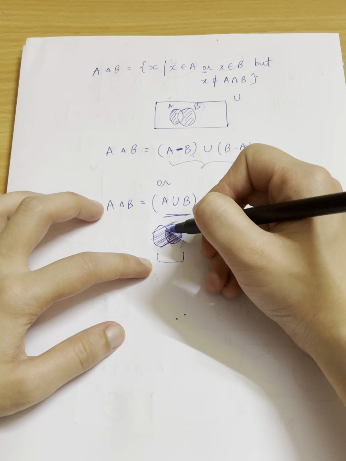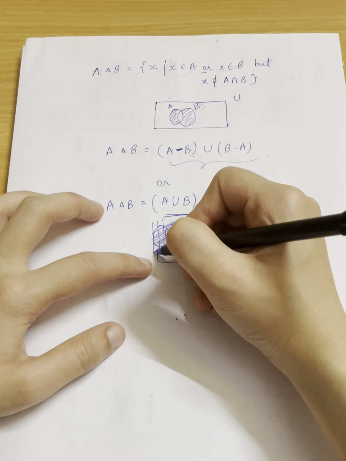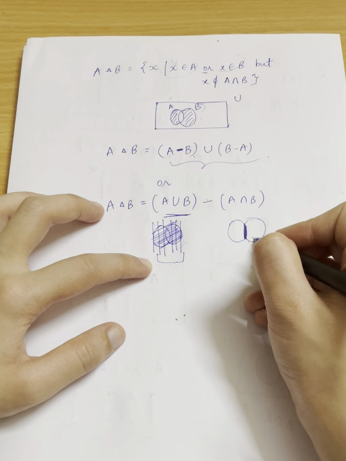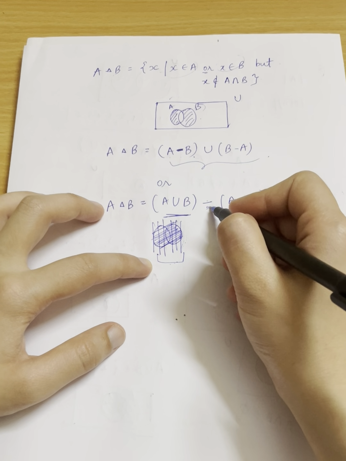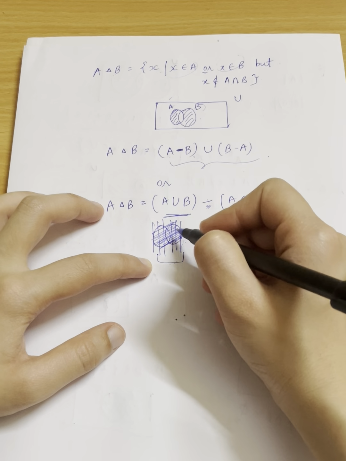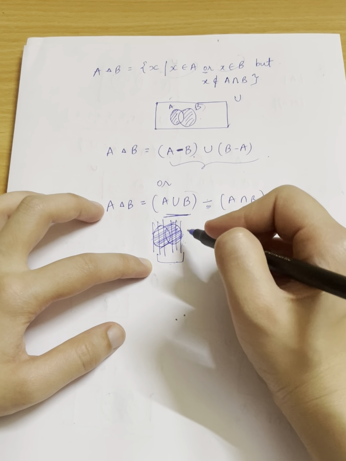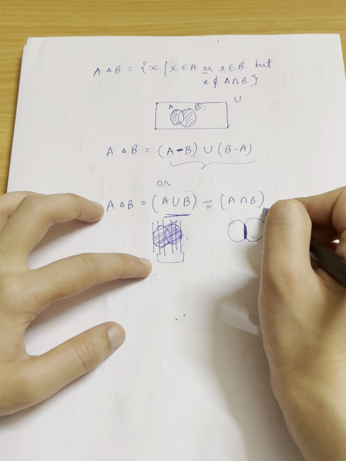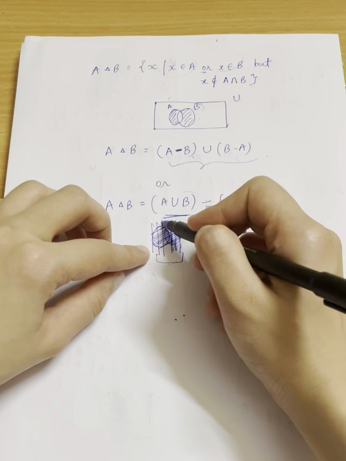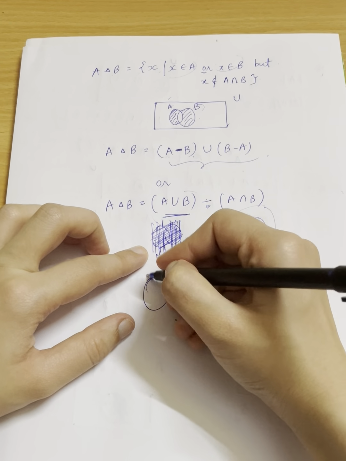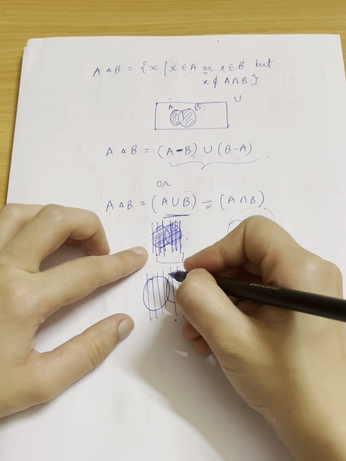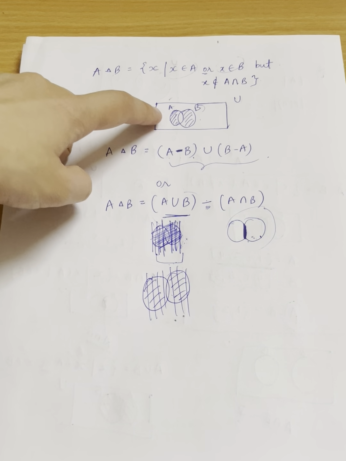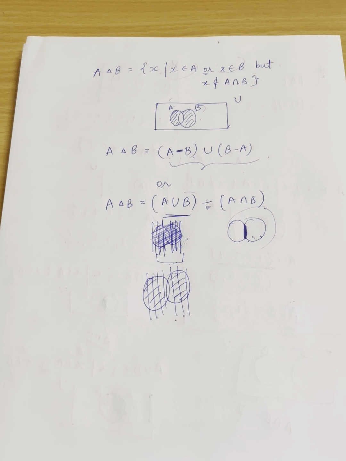So ignore the middle intersection part, because it's already present in the other, and take only this part. Set difference means take those elements from this set which are not present in another set. So these are the elements which are not present in this set, which means you take this one and leave the intersection part. Got it? So this is the same as this Venn diagram. So that is set difference.